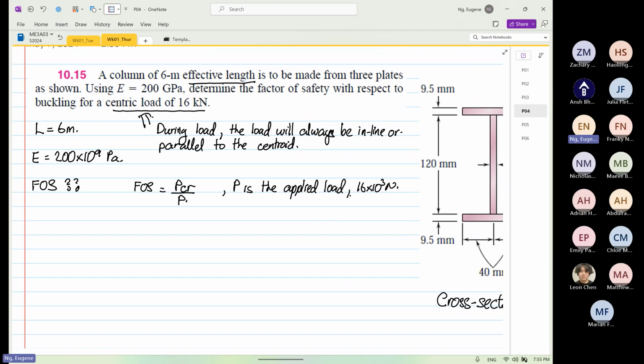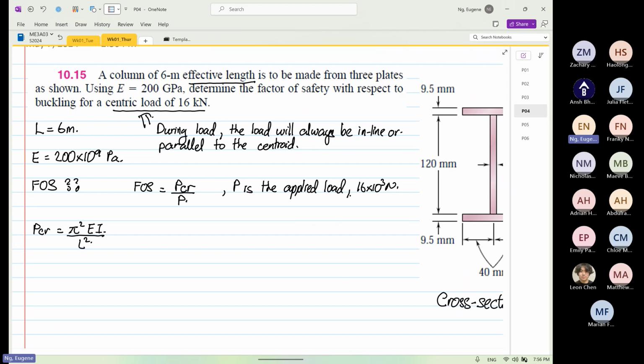Right. So the formula that we are going to use is straightforward. The formula that we'll be using is P critical equals pi squared EI over L squared. We cannot use the slenderness ratio.